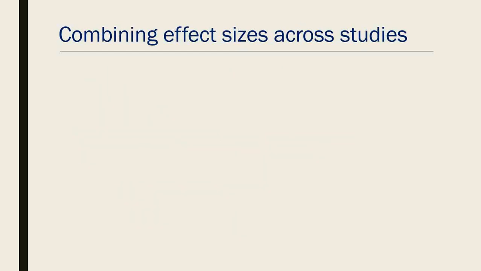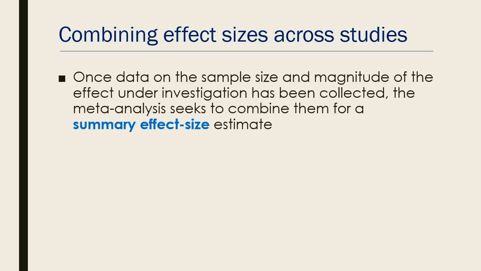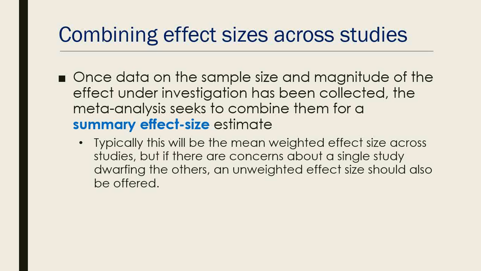So the goal of a meta-analysis is to combine effect sizes across studies. Once data on the sample size and the magnitude of the effect under investigation has been collected, the meta-analysis seeks to combine them for what's called a summary effect size estimate. Now typically this would be the mean weighted effect size across studies, so that larger studies carry more weight than a single small study.